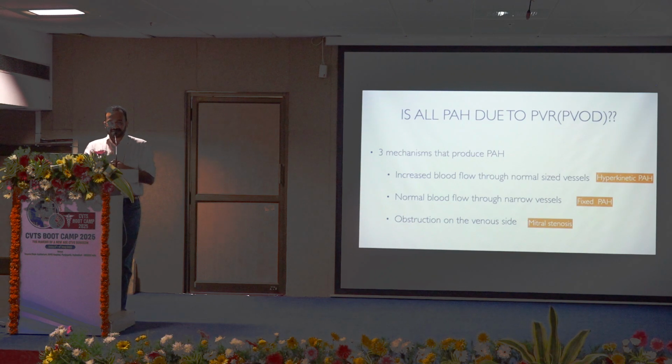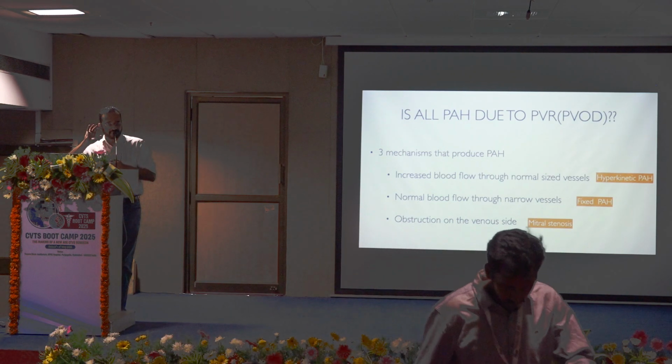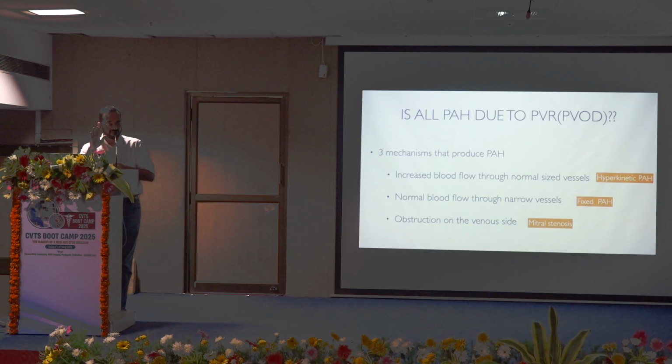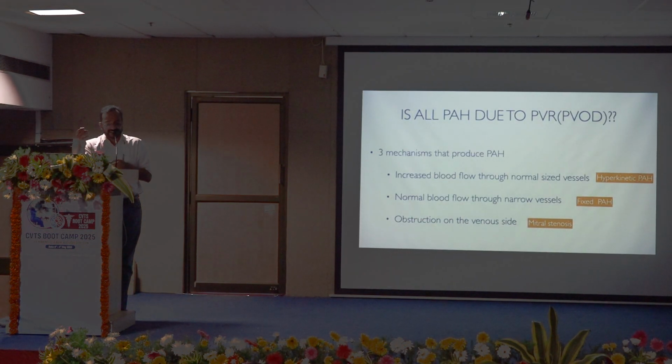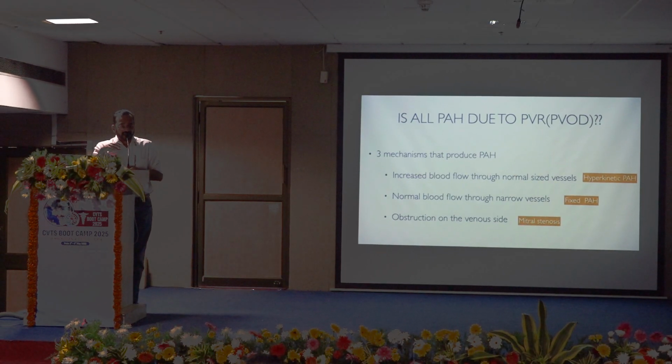The next mechanism is when the tube has shrunk in size and you're trying to push the normal amount of blood flow. That also will produce PH. The third form is when there is something like mitral stenosis, cor triatriatum, or a TAPVC, where there is an obstruction to the drainage. So these are the 3 fundamental mechanisms by which you can produce PH.